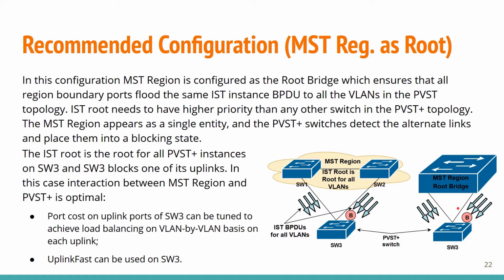In this case, interaction between the MST region and PVST plus is optimal. Port cost on uplink ports of SW3 can be tuned to achieve load balancing on a VLAN by VLAN basis on each uplink, and UplinkFast can be used as well on the SW3 switch.